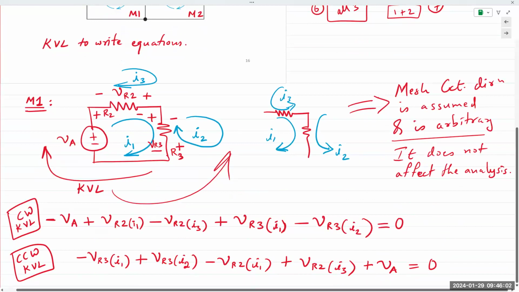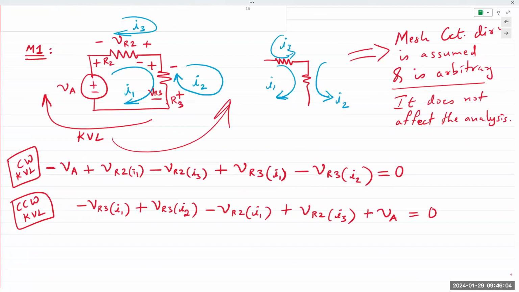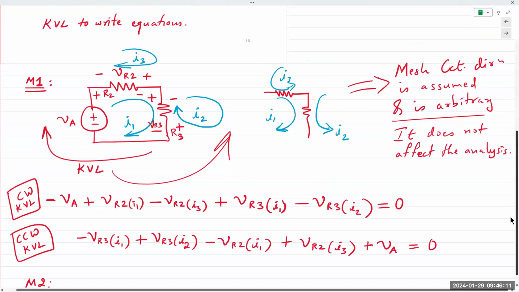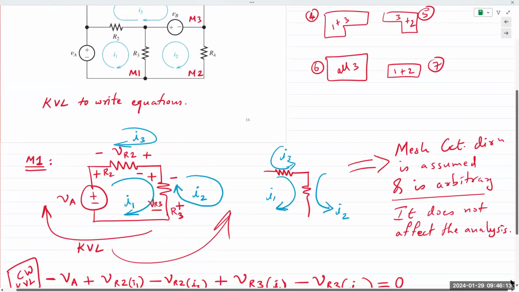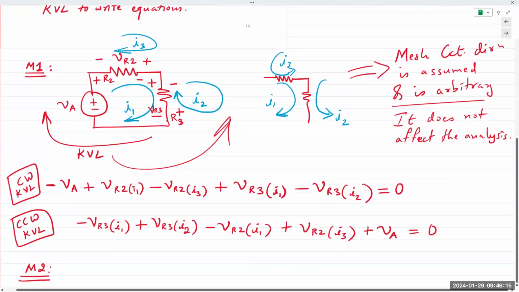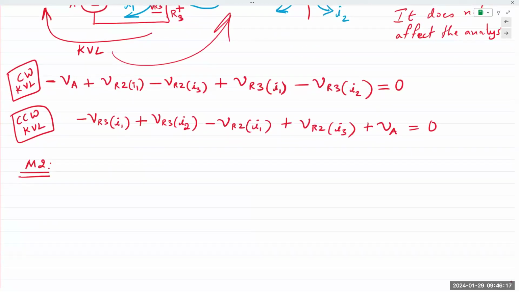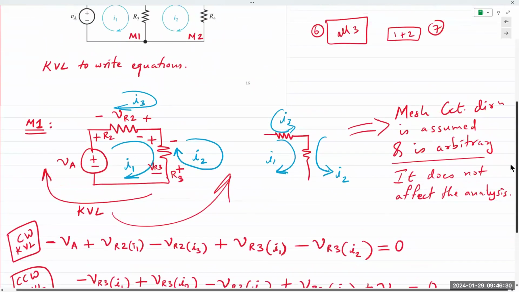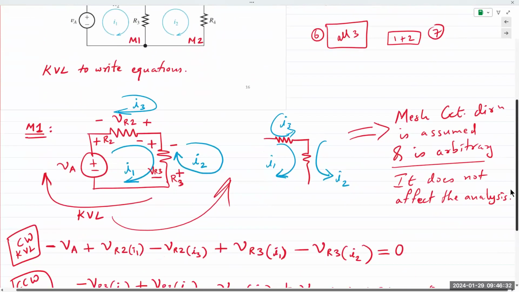So let's go to mesh 2. In mesh 2, I have 2 resistors and a voltage source: VB, R3, and R4.